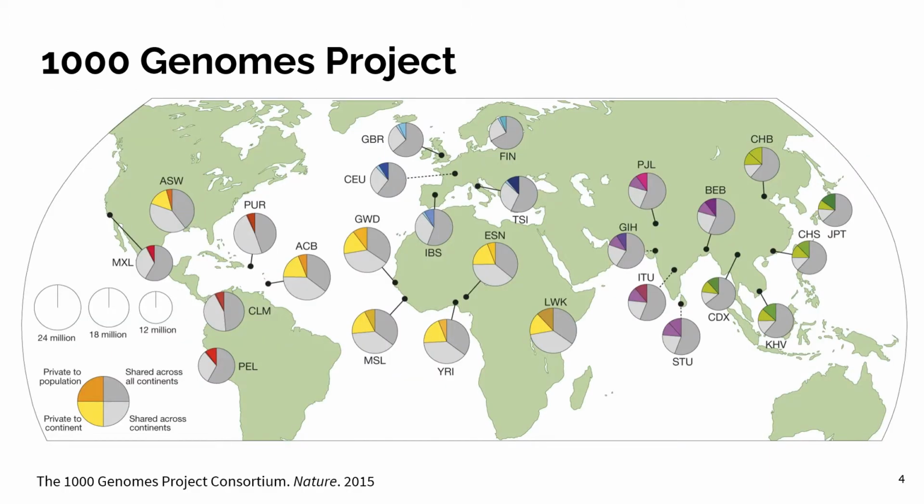And then we also wanted to study diverse populations in this project, as different global populations have different SNPs and genetic variants within those populations that are unique to both their continent and the individual population.